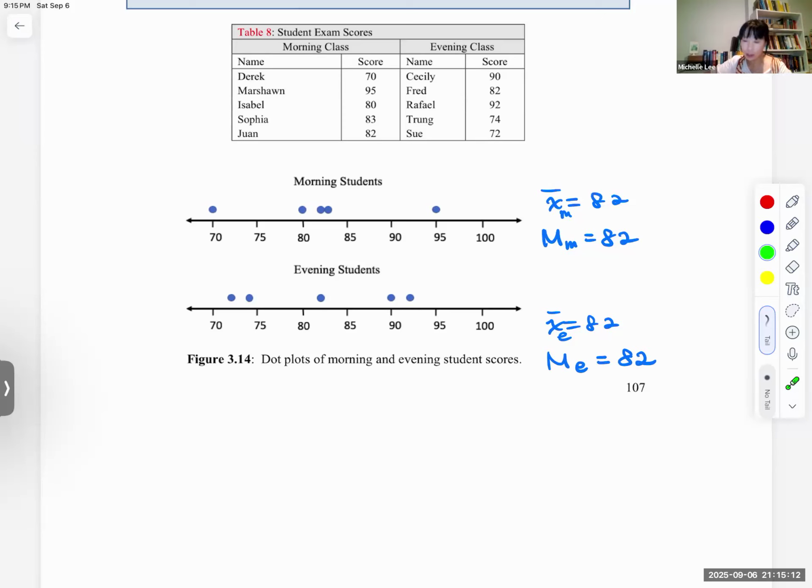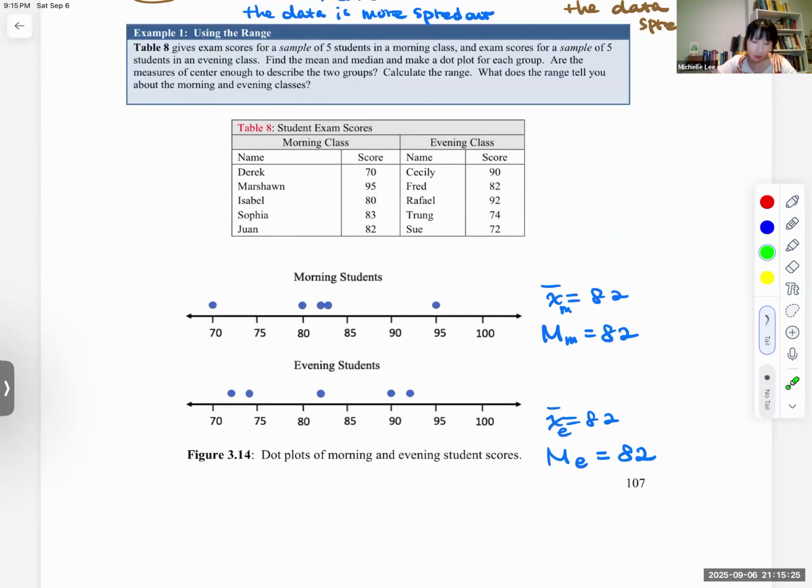I indicate M here for morning and E for evening. Now we cannot really tell what's going on because the mean is the same, and the median is also the same.